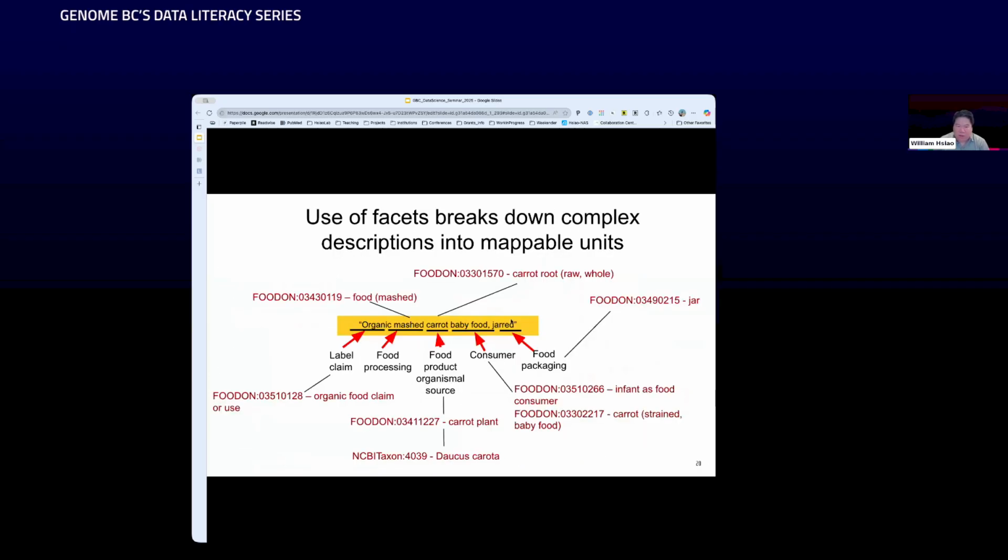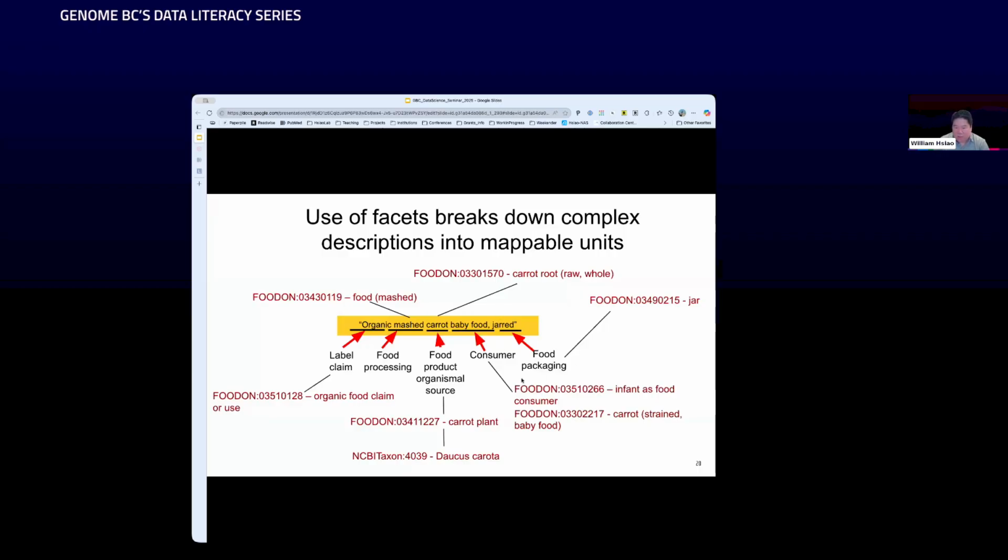The reason that we can do that is we essentially take a complex description and break it down into logical units that are mappable. So in this case here, organic mashed carrot baby food jarred can be broken down into parts that are related to claims that it's organic, the processing method, the type of food or the type of food product, the consumer of this food product, and also the packaging information.